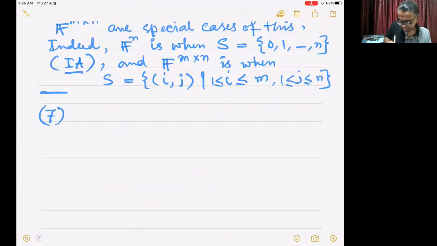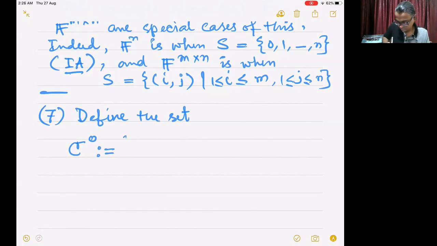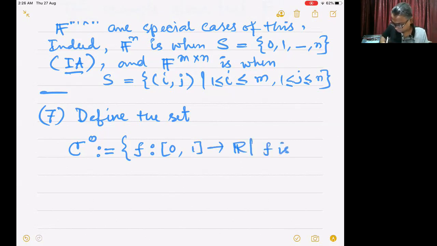Okay. So define the set C0 as the collection of all functions from the closed interval 0 to 1 to real numbers such that f is continuous.